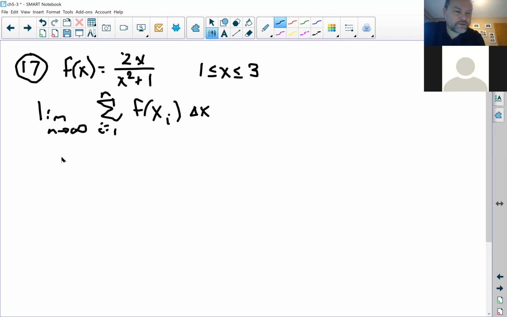So our delta x is always going to be our upper limit minus our lower limit, divided by n. In this case, we don't know what n is.